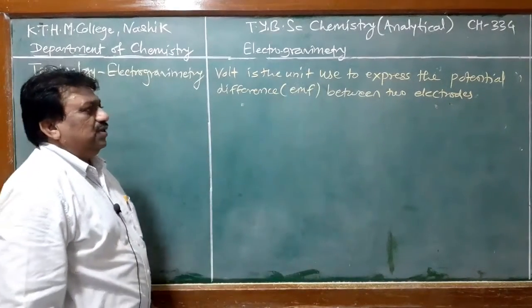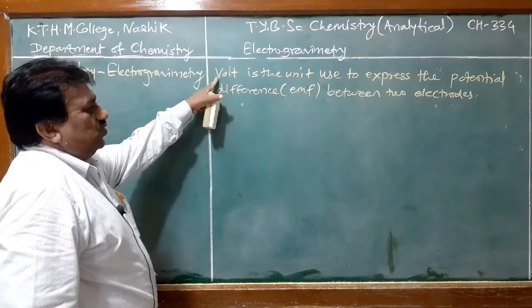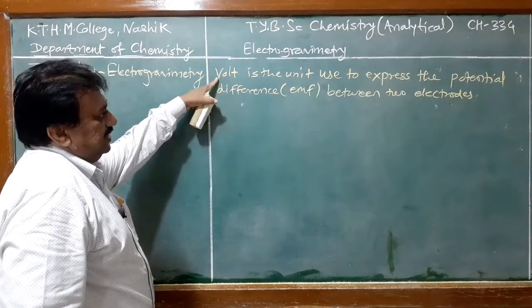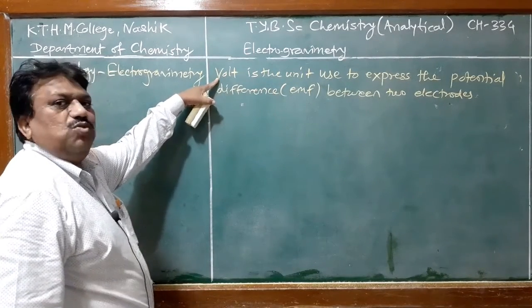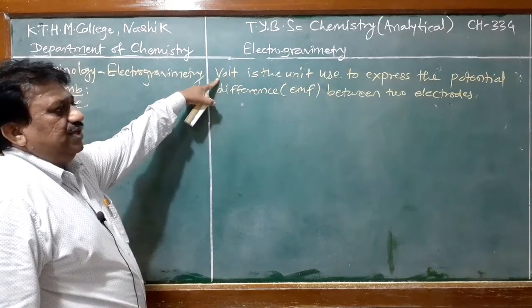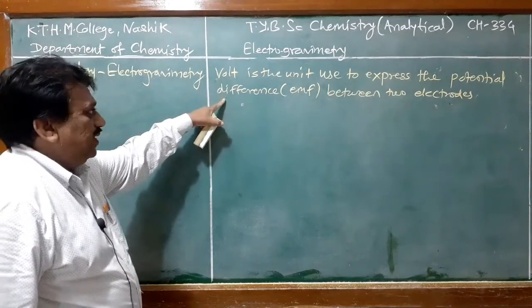Therefore, volt is a unit used to express the potential difference or electromotive force between the two electrodes or two terminals of the battery.